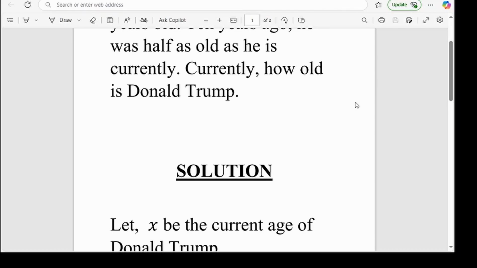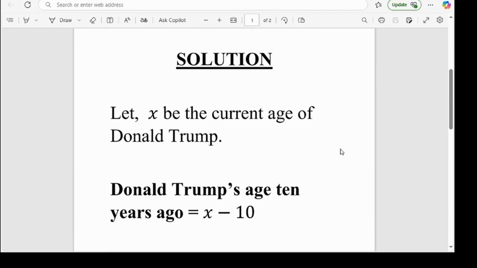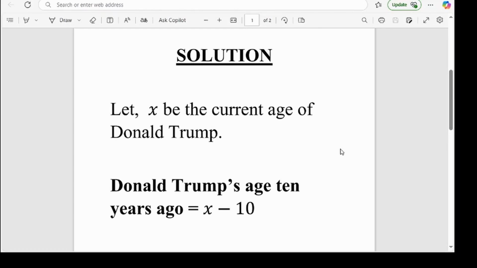Right. So first and foremost, we form an equation from the age problem by identifying the key details in the problem. So let X be the current age of Donald Trump, right?